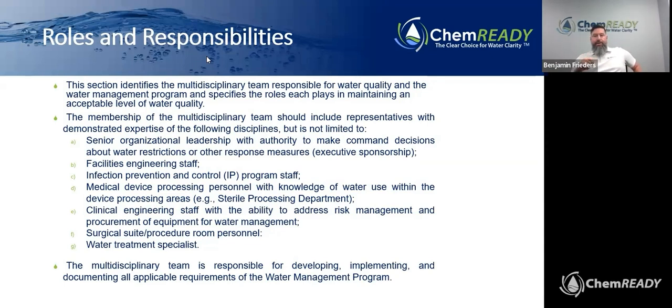But the standard itself says that the multidisciplinary team should include senior organizational leadership, authority to make command decisions, facilities engineering staff, infection prevention and control, medical device processing personnel, i.e. your sterile processing department, clinical engineering staff, surgical suite procedure room personnel, and if you've got an existing consultant that does other water treatment consulting for you, a water treatment specialist, such as what we provide here at GetChemREADY.